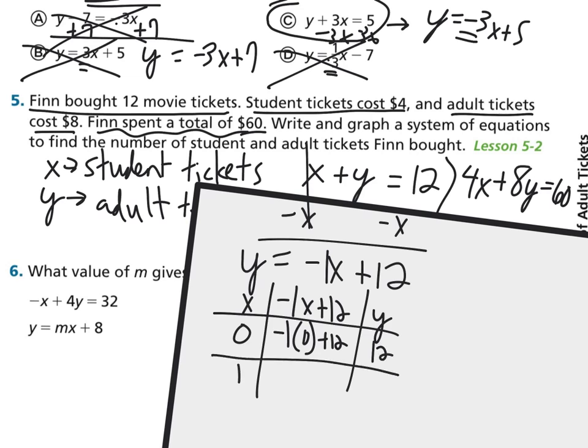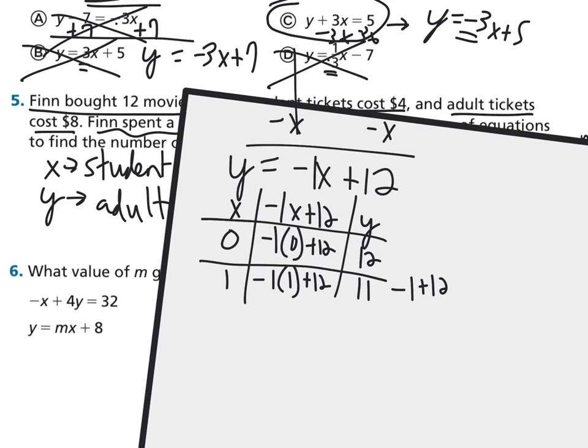If you put a 1 in, that would be 11. With the graph that they've given us, 10 is the maximum Y value, so actually none of these points are on the graph so far.